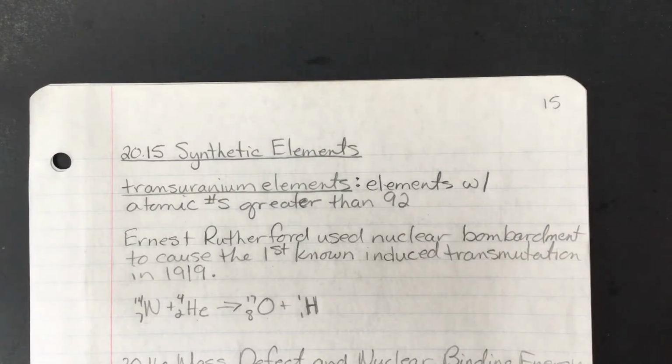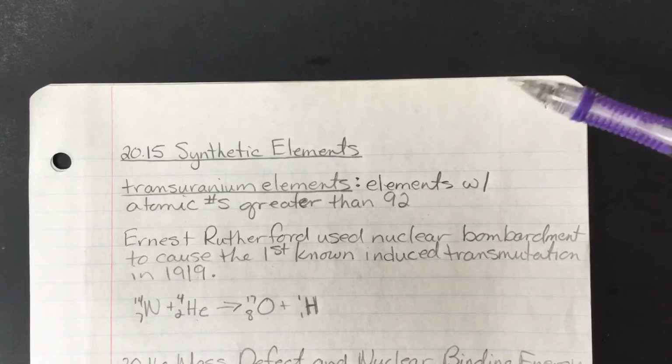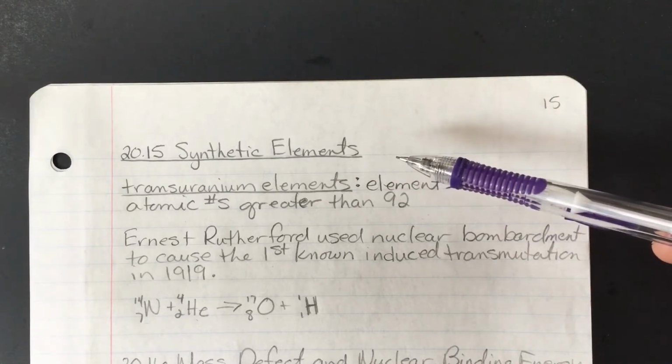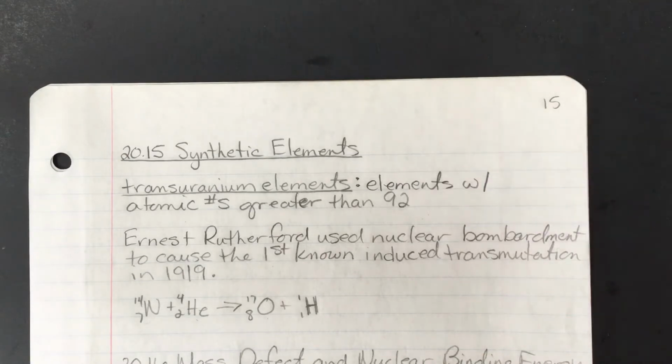Now we're able to produce elements up to 118 through nuclear bombardment that we have discovered, and that is by bombarding uranium.